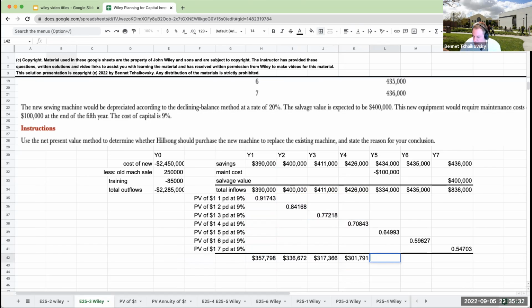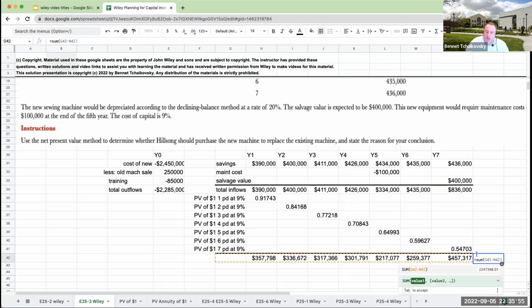This is going to be 334 times 0.64993. This over here is going to be 435 times 0.59627. And then this is going to be 836 times 0.54703. So now I've made these future dollars comparable to today.